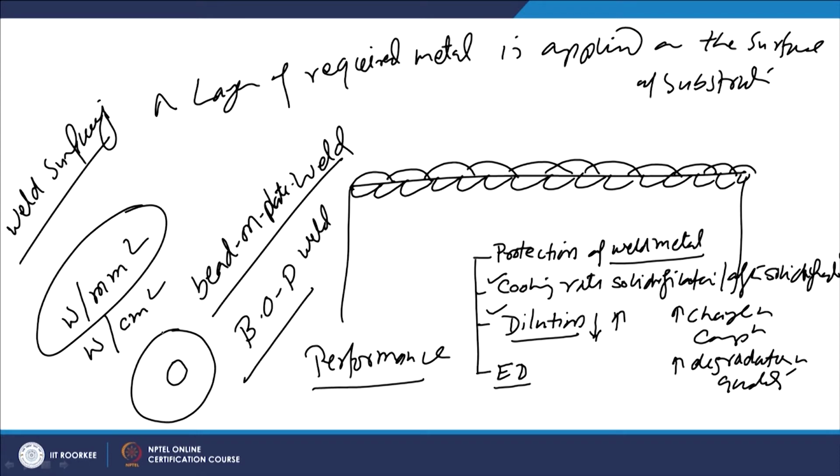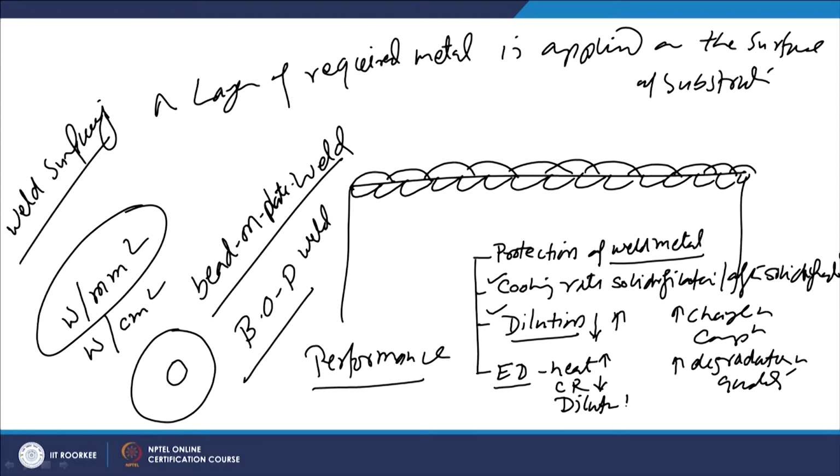That will bring in a change in the energy density, and this will in turn affect the heat required for melting. If the heat required for melting increases in the case of low energy density, then it will reduce the cooling rate and increase the dilution.